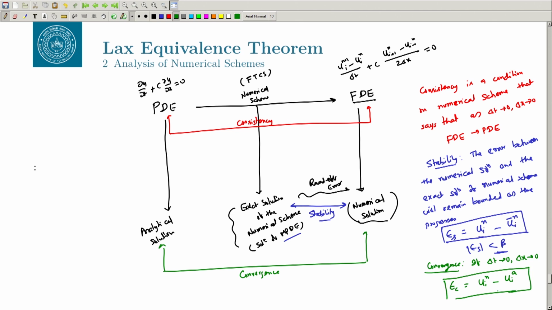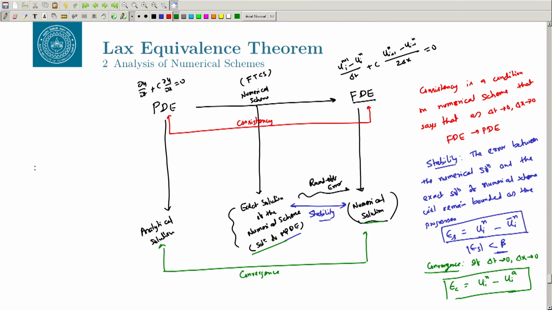So, consistency connects your finite difference scheme with your PDE, okay, and you know that the finite difference scheme comes from your numerical scheme. Your numerical solution and the exact solution of the numerical scheme are connected by stability, and the stability criterion says that the difference between the two should remain bounded at any given time.